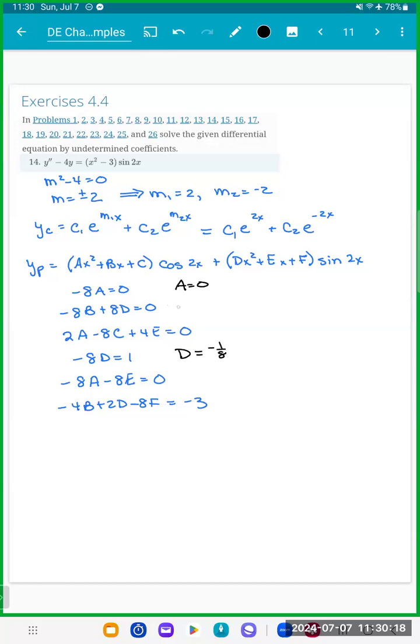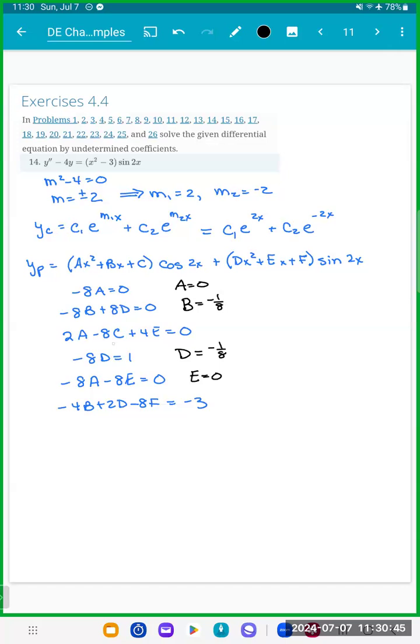We would get negative 8b plus 8 times negative 1/8. So that will give me that b is equal to negative 1/8. We have a, so we could plug that in down here. So we would have negative 8 times 0 minus 8 times e equals 0. So that means e also has to equal 0.